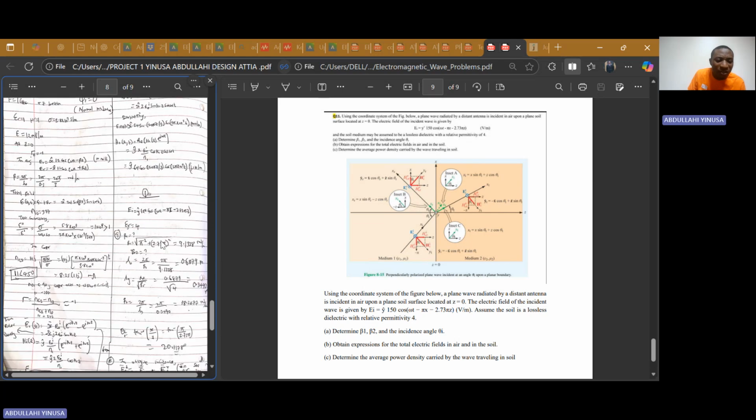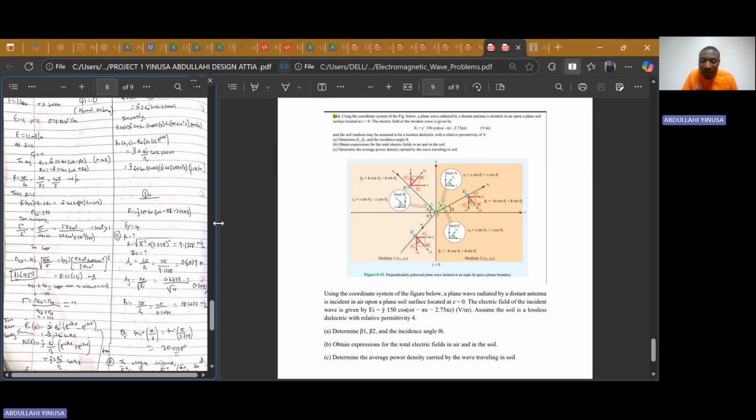Now let me show the calculation. I forgot to explain that if you don't want to calculate H, we already know from our elementary formula that the average power is equal to half V squared over R. V is like E in this case, E squared over R, where R is the resistance, that's what limits the flow of electric current.